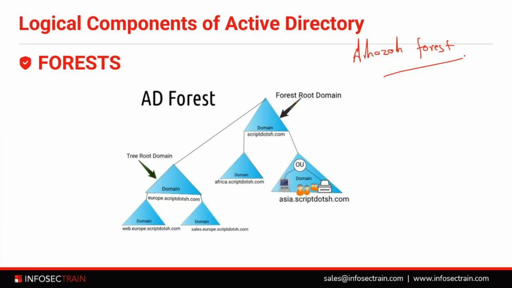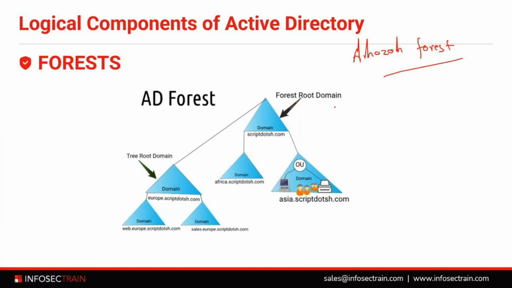Now, it's not that the whole world is Amazon forest. The Amazon forest also has its boundaries. Another forest 100 miles from the Amazon forest will not be called the Amazon forest. Its name will be different, its boundaries will be different, right? The Active Directory forest can be understood in the same way.